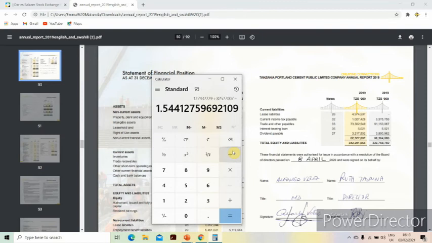So then if the business were to pay down its total current liabilities, so then you just take the 1 shilling and 50 cents, subtract that by the 1 shilling, and you'd get 50 cents worth of liquid assets that would remain in the business in terms of running this business on a day-to-day basis. So then this is also a good indicator.